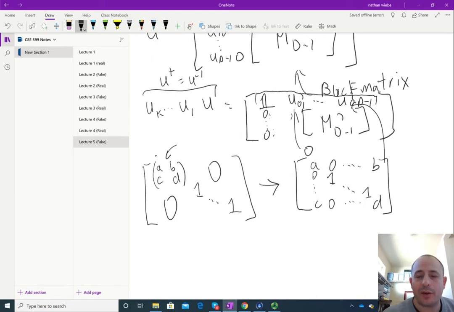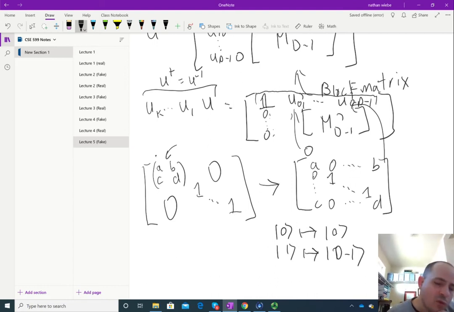Basically, I've done the following permutation: 0 goes to 0, and 1 goes to D minus 1. This permutation will turn it into that particular form. And if D is a power of 2, then this will give you a way of expressing this as a single qubit unitary. But I'd like to do this a little more broadly, and I'd like to use an extra ancilla qubit to show you a particular construction for doing this.